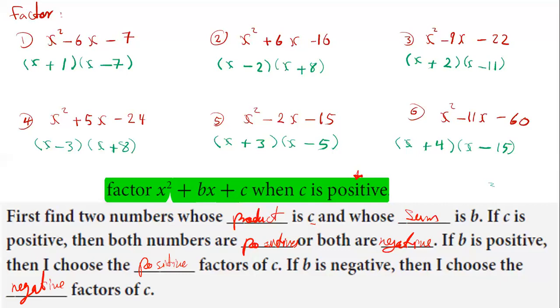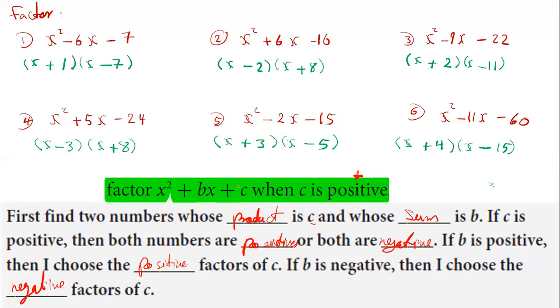First case, if the sign of the last term is positive, I will look for two numbers whose product is C and whose sum is B. And the signs will follow the midterm sign.